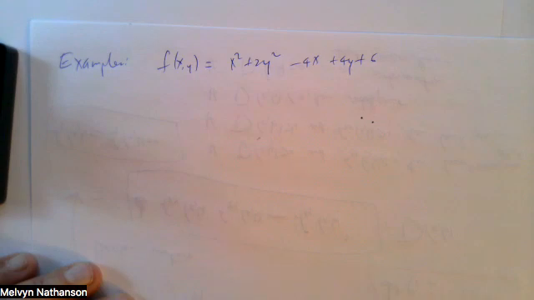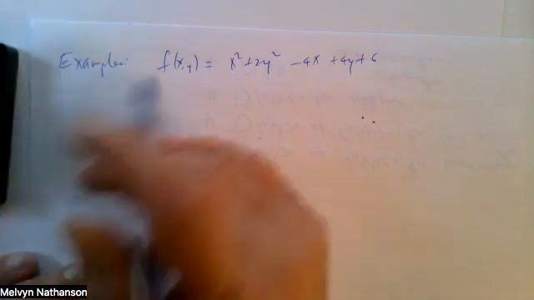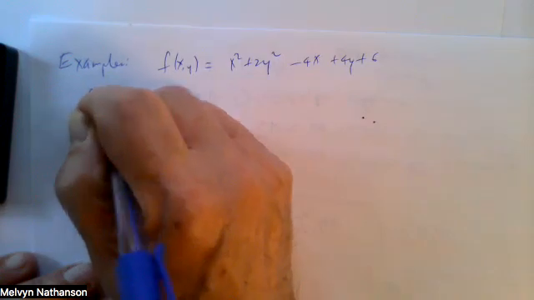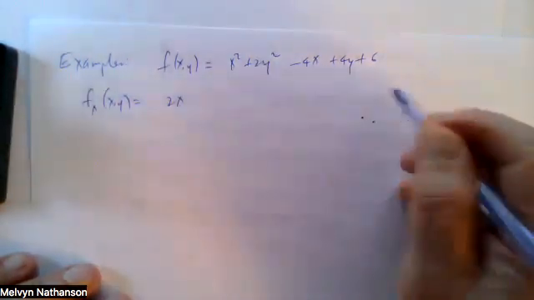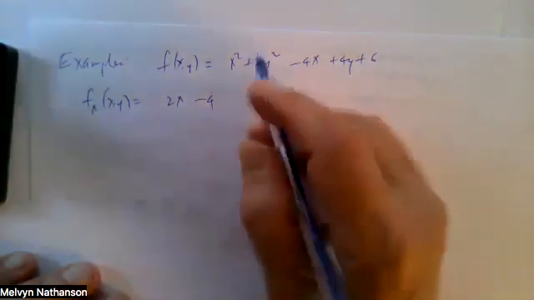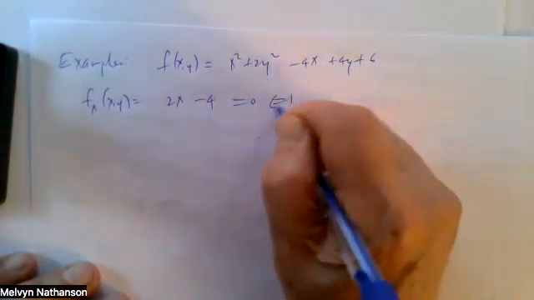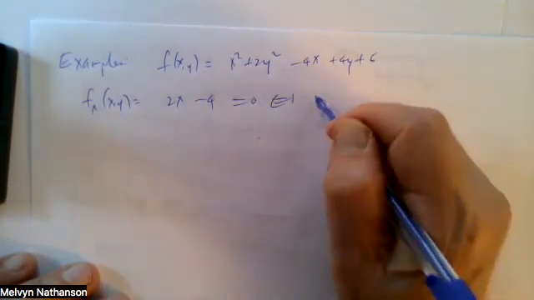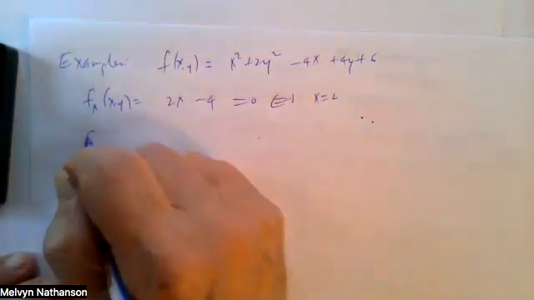And we want to find the critical points and then determine at those critical points whether we have a maximum or a minimum. So the partial of f with respect to x is 2x minus 4. And that's equal to 0 precisely when x is 2.